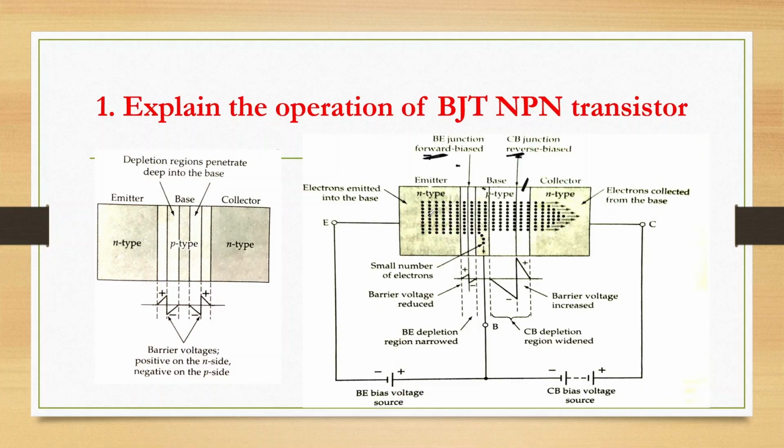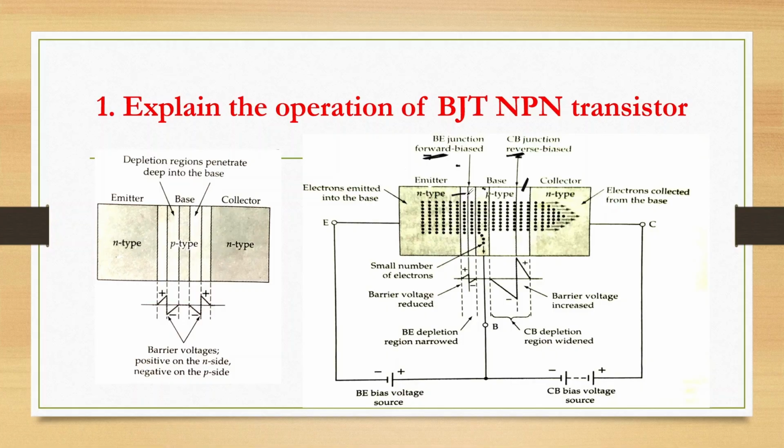So what happens? The forward bias of the base emitter junction reduces the barrier potential and causes electrons to flow from the N-type emitter to the P-type base.